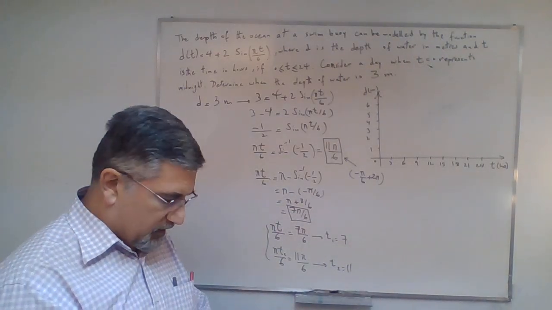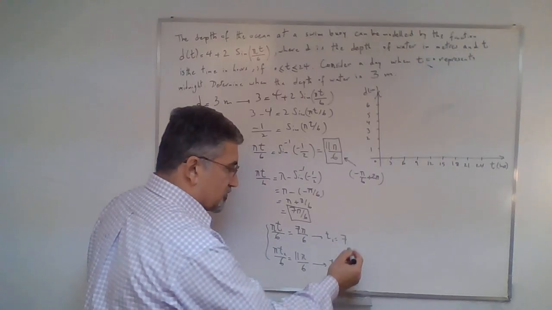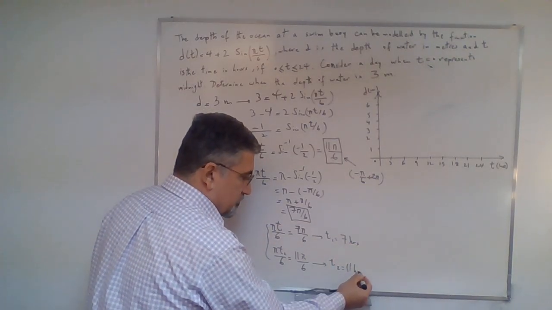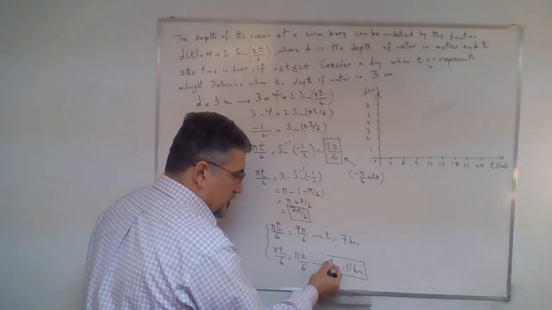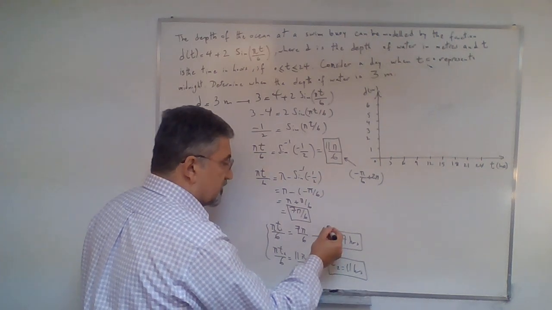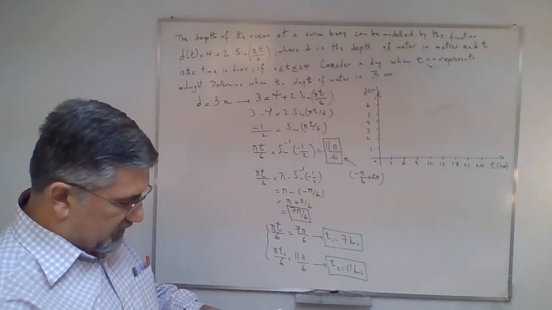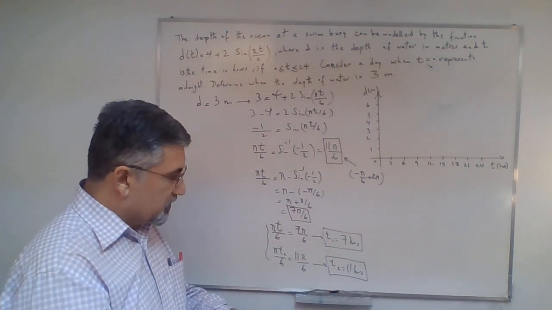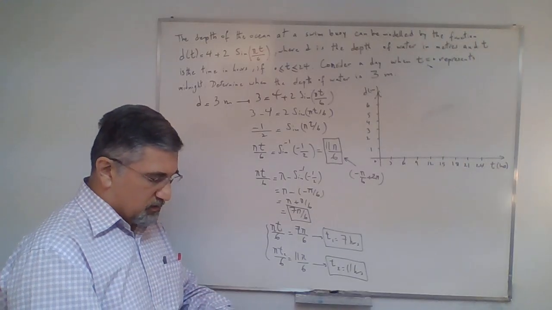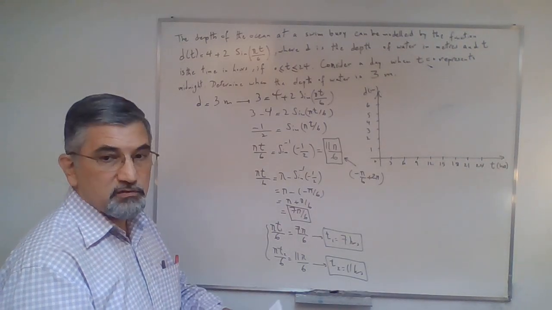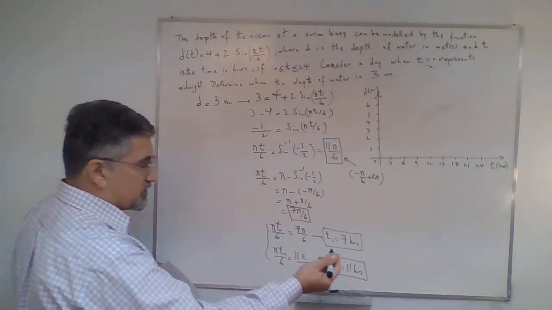Final answer. Now, what's the unit of measurement? Well, it says 7 hours, 11 hours. So these are the roots of that equation, basically. What does that mean? It means after 7 hours or after 11 hours, the height of the water is 3 meters. So I'm going to write this down.